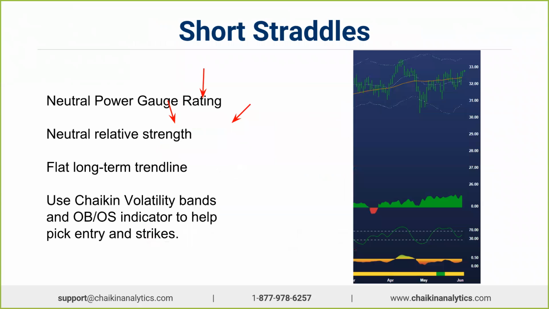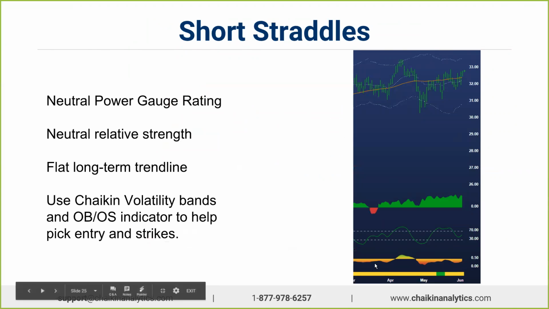You want to do these, similar to the other ones, even more so. You want this to be even more neutral. You really would want to do these on neutral stocks, with what I call flippy-floppy, or neutral relative strength, where it's kind of bouncing above and below. The flatter the trend line, the better.